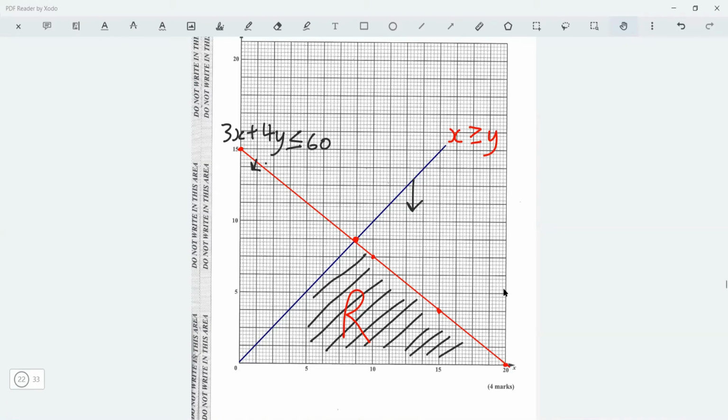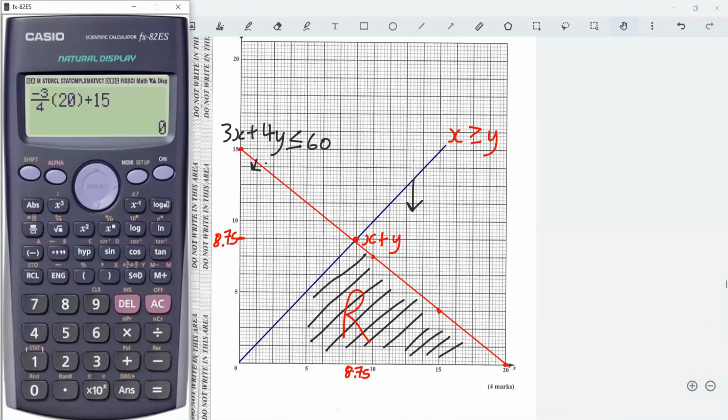So this is 4 going across. So this would be 7.5. This would be 8.75. That's when x is 8.75. Then y is going to be at this point, y is from 10 here, this is also 8.75. So at this point, x plus y would be 8.75 plus 8.75. We just bring up our calculator and check it out. 8.75 plus 8.75.